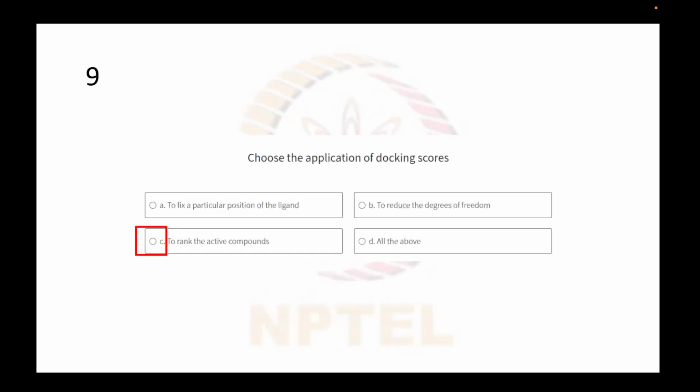The major role of docking scores is to rank the active compounds.